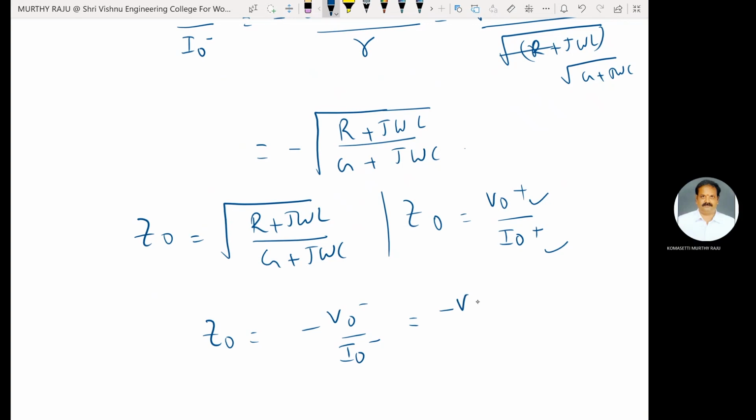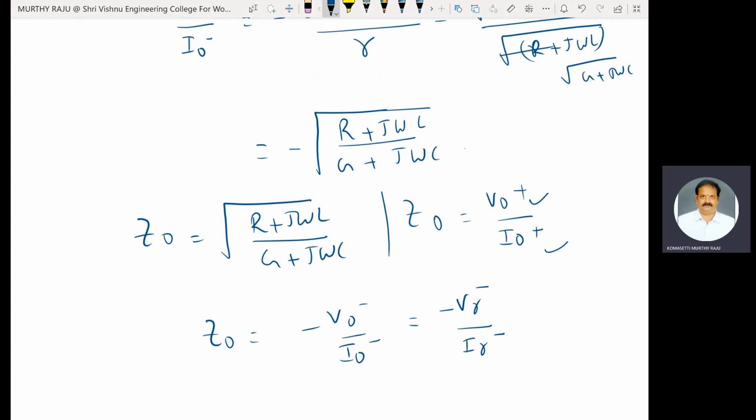Minus VR minus by IR minus, negative of negative. This is the characteristic impedance. This is the secondary constant.